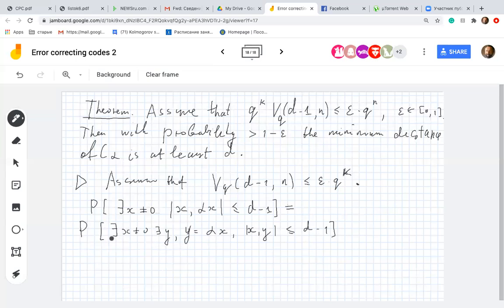Again, we can use the union bound because we have to choose x and y.